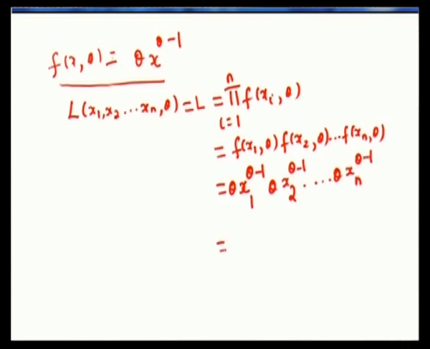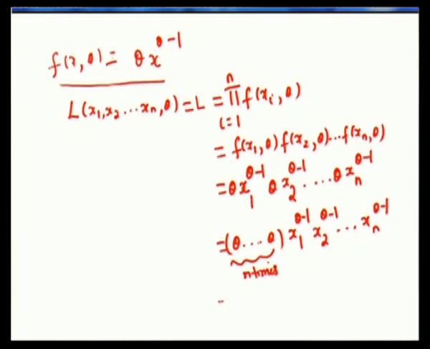Now what we have to do is collect all the thetas. So theta, etc. up to theta. Next you have x1 to the power theta minus 1, x2 to the power theta minus 1, etc. up to xn to the power theta minus 1. So you find that this theta occurs n times, which I can write as theta power n.